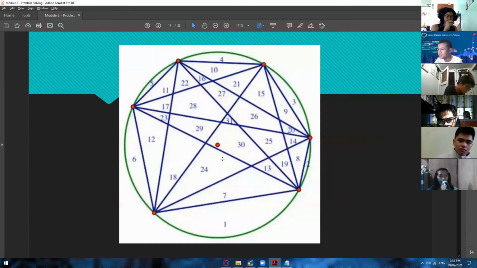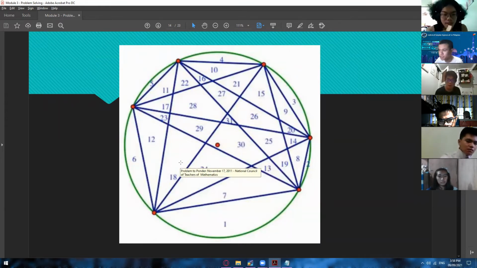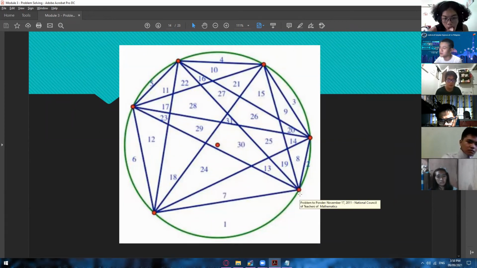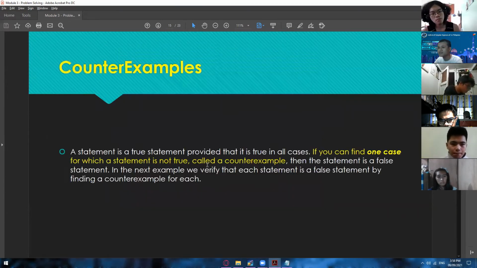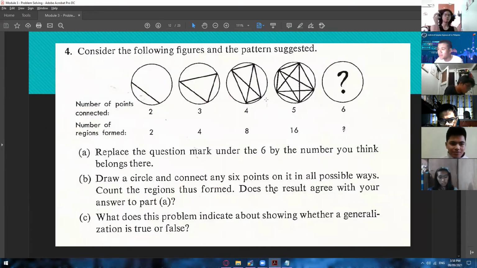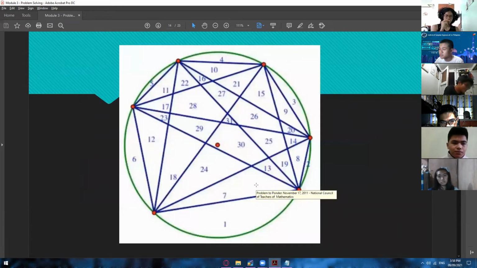Here is the actual count of regions if we have a total of 6 connected dots. So up to 31 only. You might want to try this one also. Since it's the first, second, third, fourth, and fifth term, the fifth term is called the counterexample.